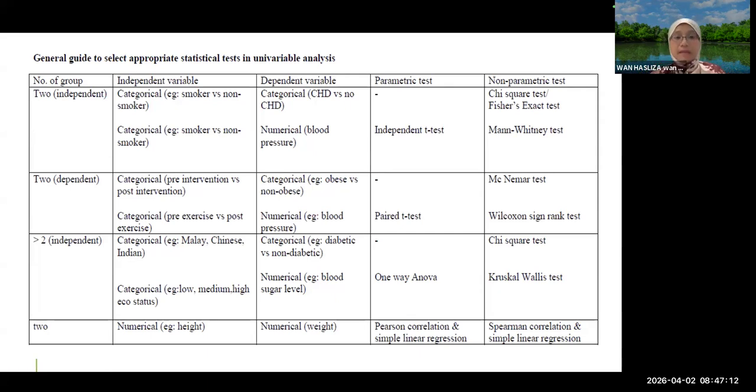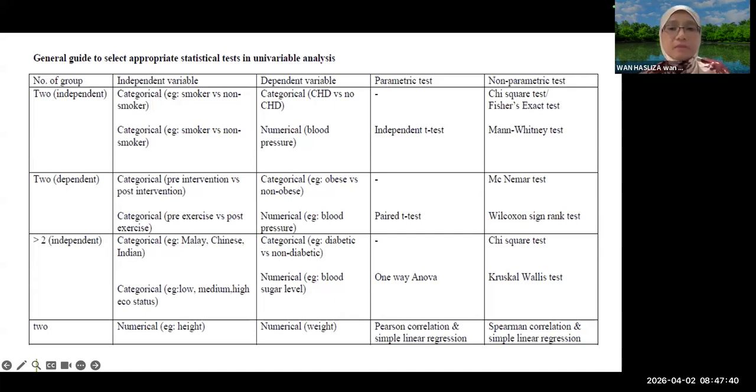Okay, all right. Next, I have two categories, still the same: two groups, smokers and non-smokers. But now my dependent is numerical data, where I measure the blood pressure. If my finding is a normal distribution, I have to use the independent t-test.